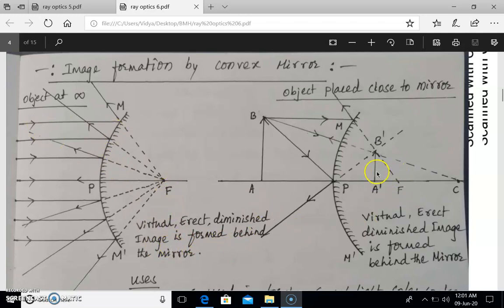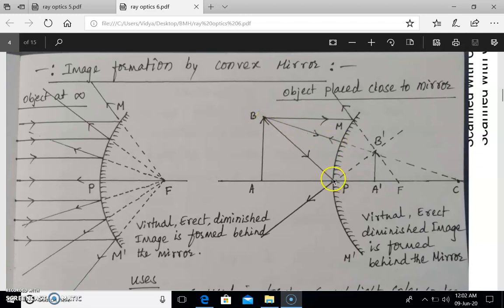The second case: if an object is placed very close to the mirror, in front of a convex mirror, then we consider a set of rays to get the position and the nature of the image. A ray parallel to the principal axis, say BM, after reflection diverges and appears to diverge from F. A ray directed towards the center of curvature falls on the mirror normally, then it retraces its original path but in the opposite direction.